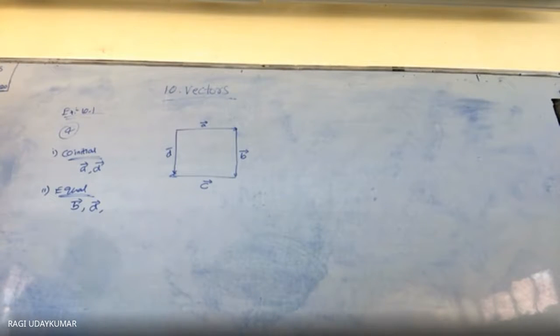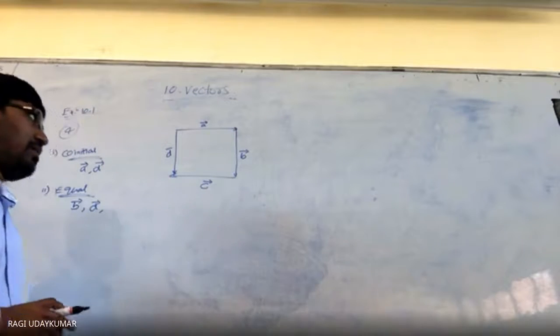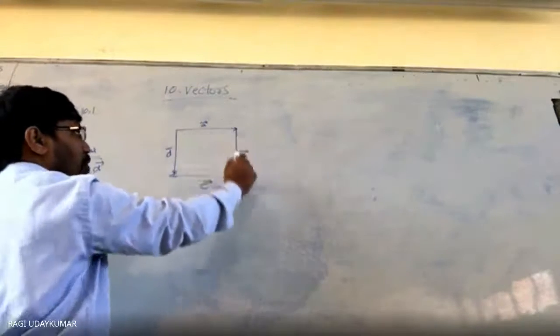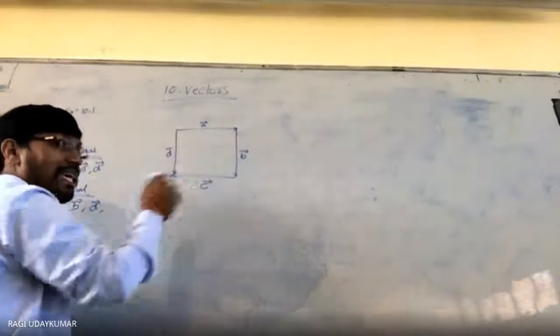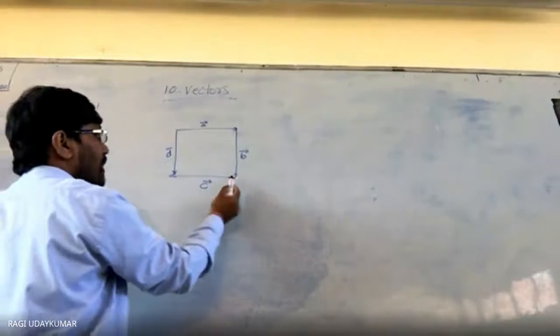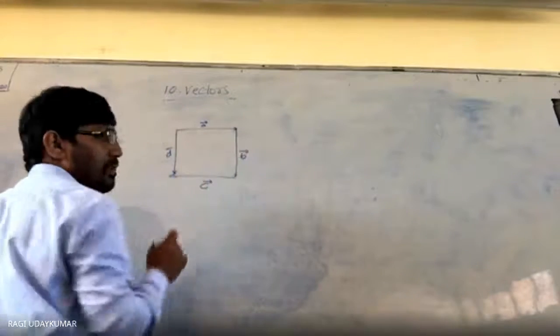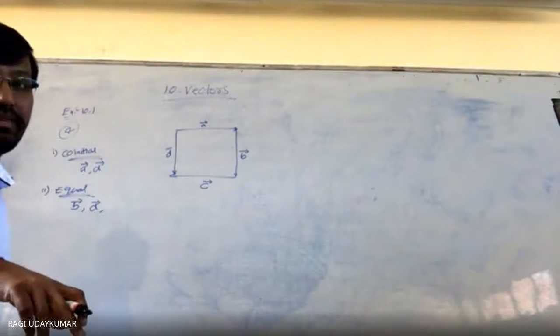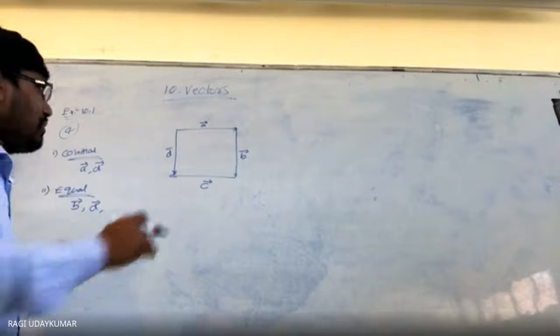collinear. Collinear means normally parallel but not equal. So look, these two are collinear but not equal vectors. C and A have different directions but their magnitudes are equal and they are parallel.